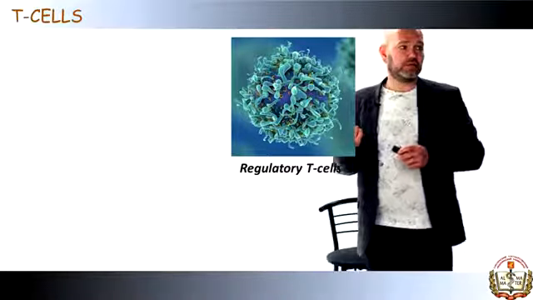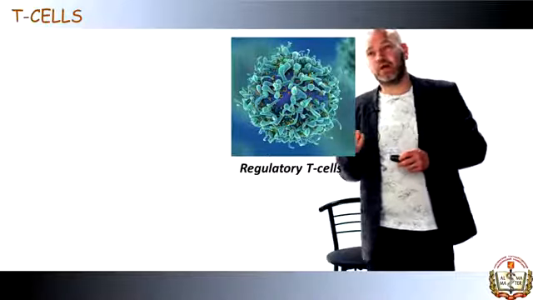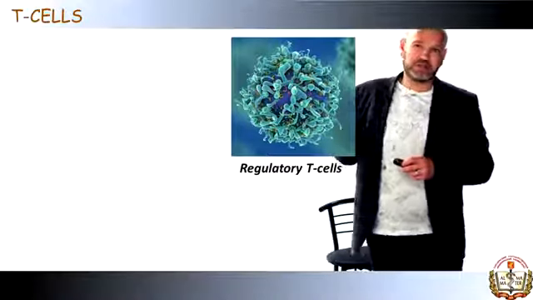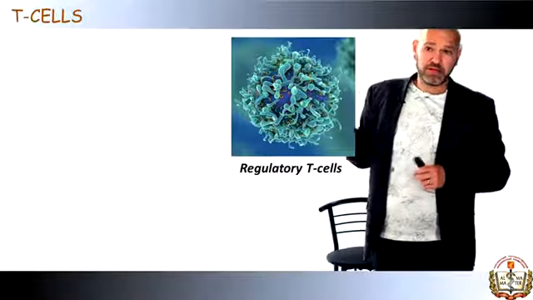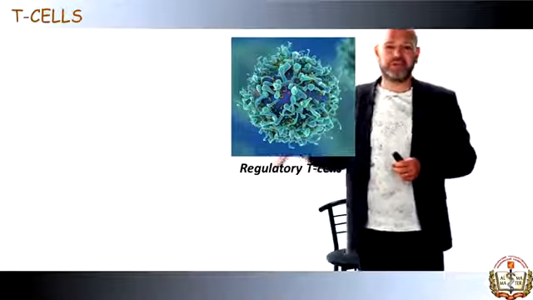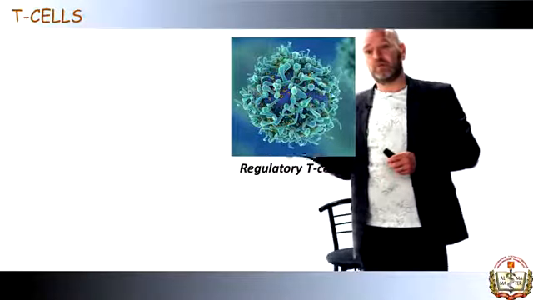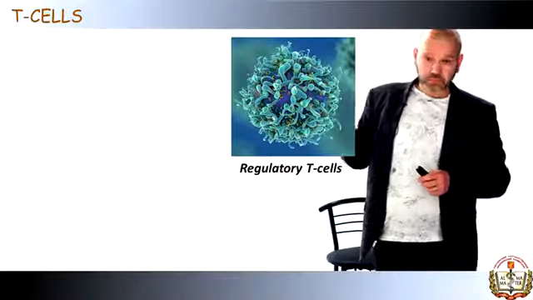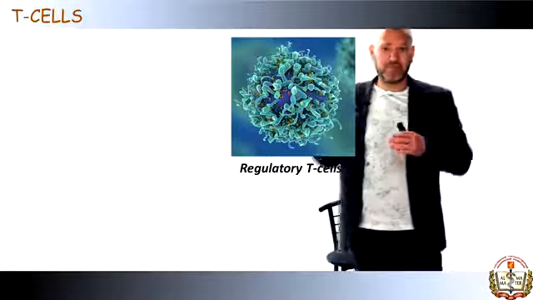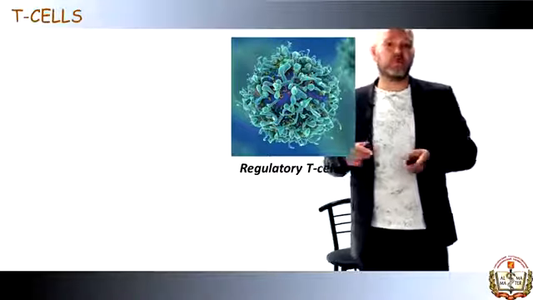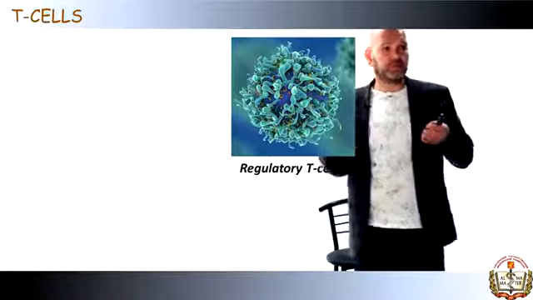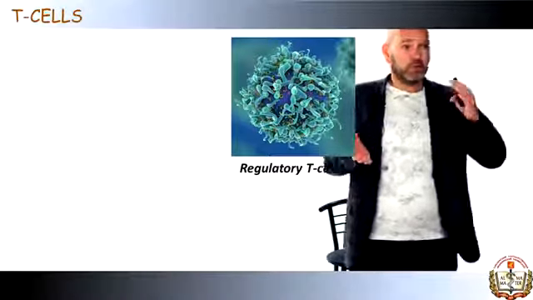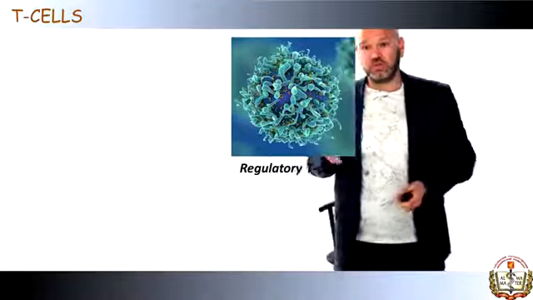So T regulators, or regulatory T cells, were formerly known as T suppressors. The original name was given because the main function of that type of cell is inhibition of a previously activated immune response to immune cells, cytotoxic T cells and T helpers, to prevent exhaustion of our immunity, to prevent damage of our own cells, and to stop hyperactivation of the immune response.